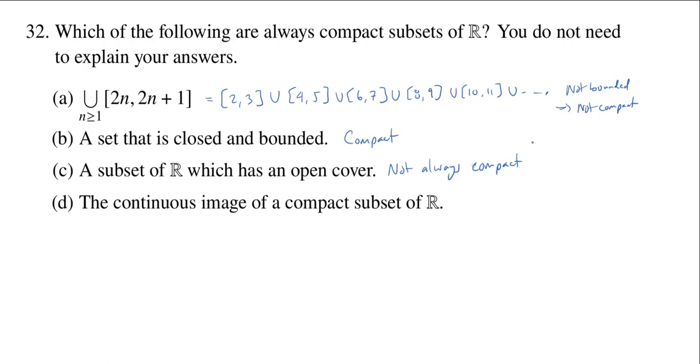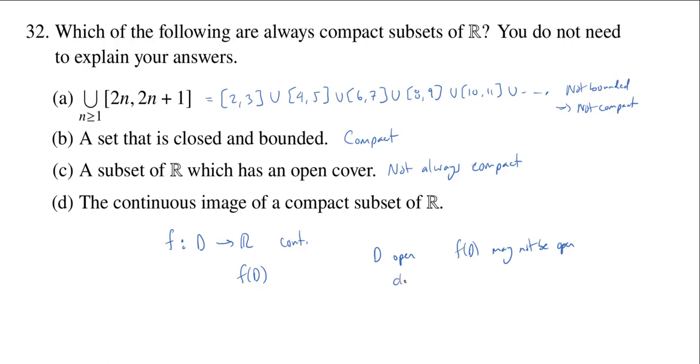Finally, the continuous image of a compact subset of R. Yeah, this was one of our big theorems. Say I have a set D, and f is some continuous function, and I look now at the image f of D. If D is open, f of D may not be open.